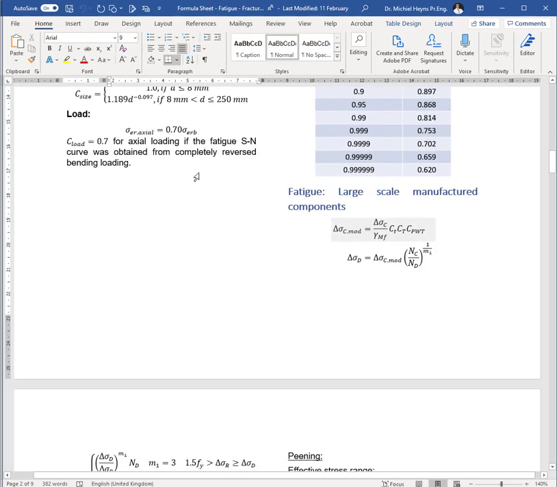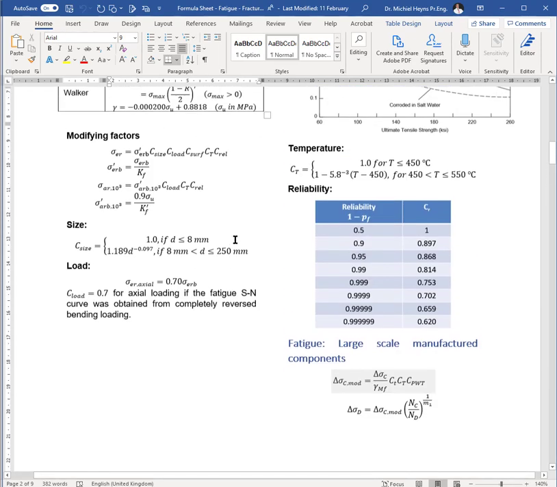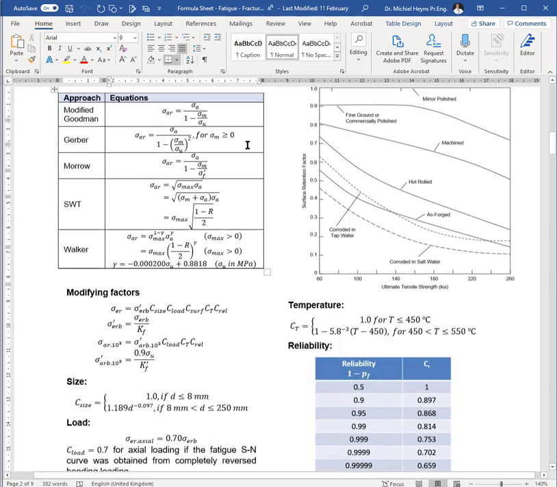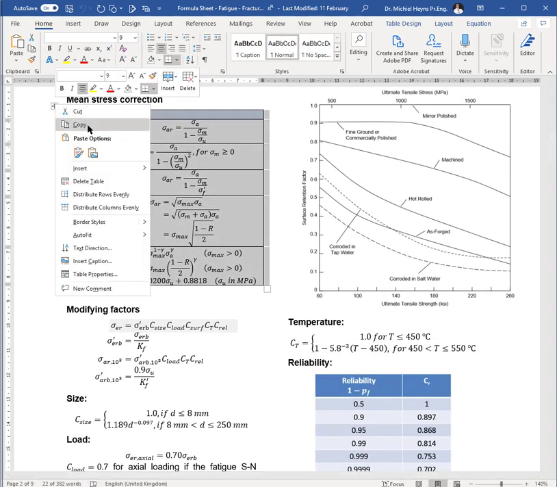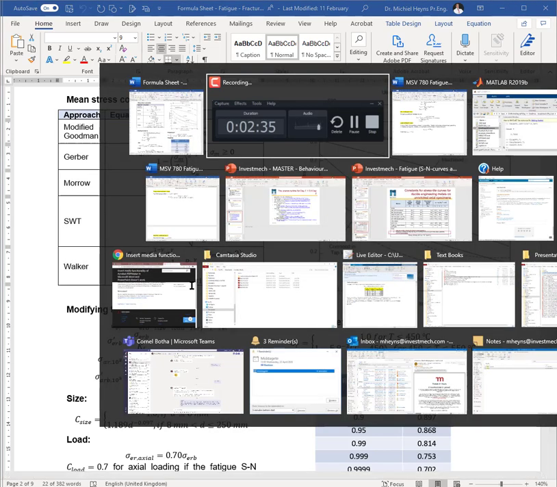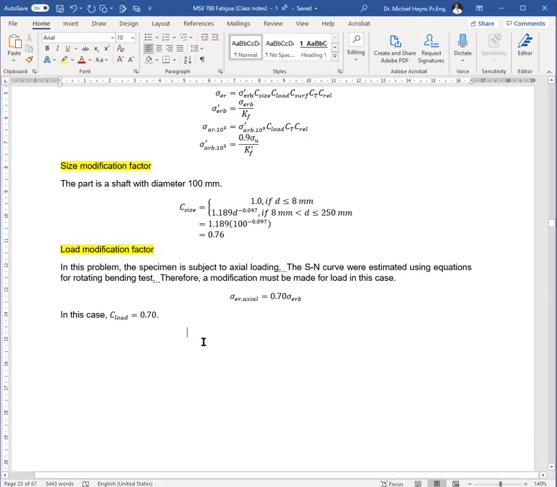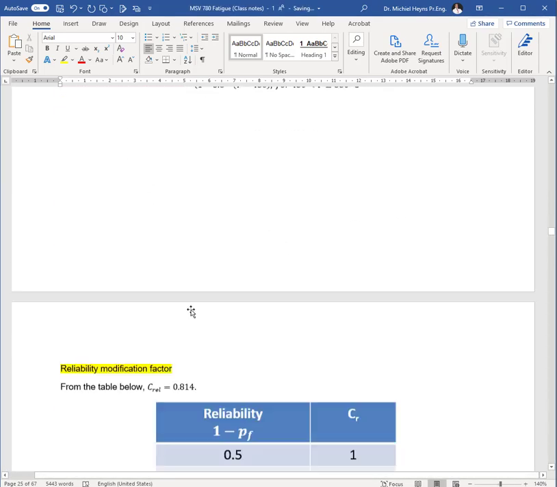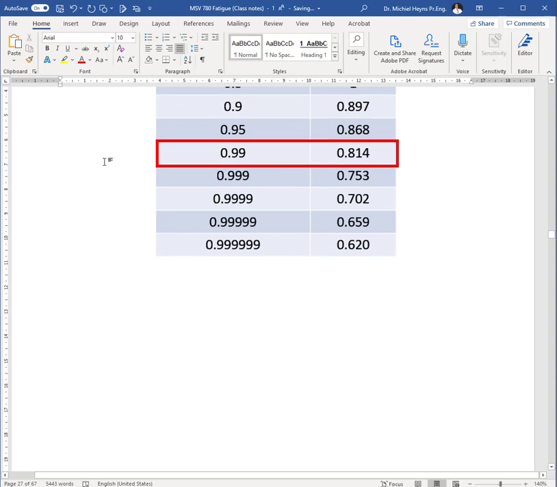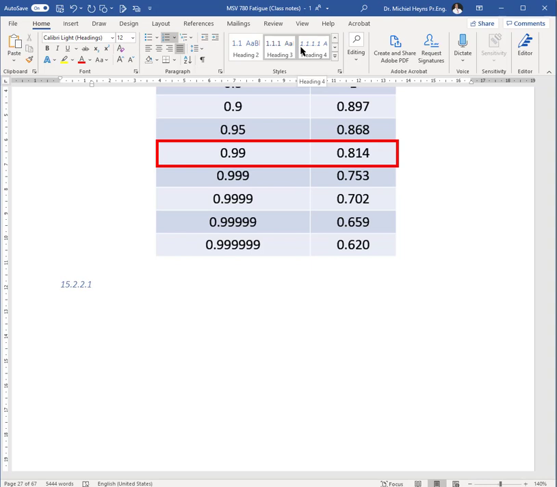So if we go back, I'm going to copy this table into our report so that we can look at the equations there in front of us. So here we're now going to do mean stress correction and select the theory to do it, under heading 3 again.